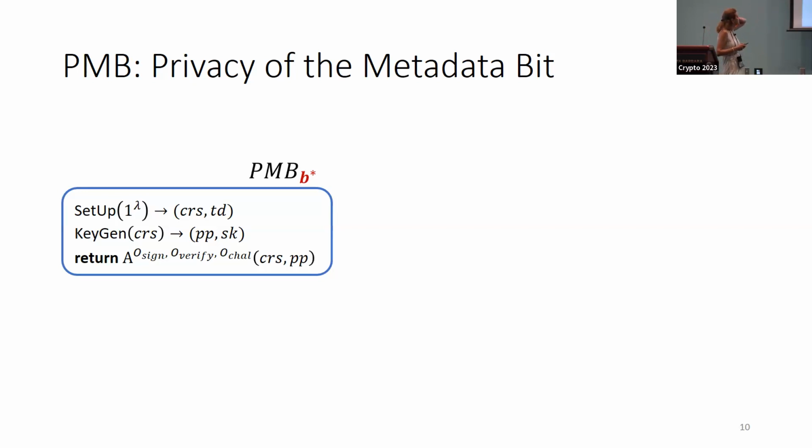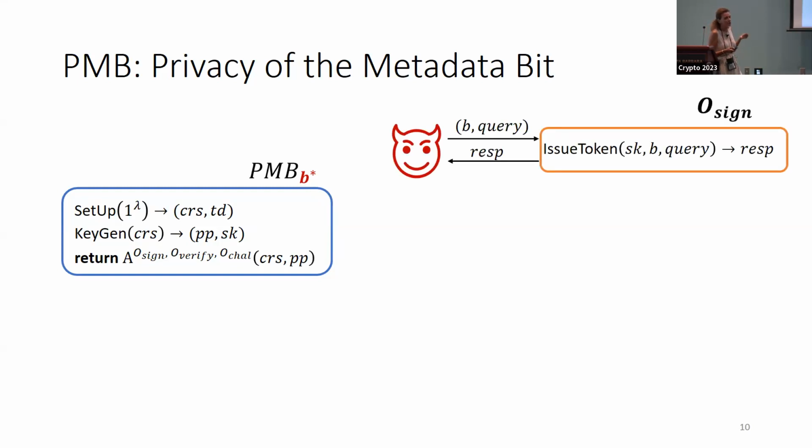The definition of PMB is as follows. In here, the adversary is the client, and we are trying to hide the challenge bit B star from the client. The adversary, the client, has access to three different oracles. The first oracle is the O-sign oracle, where the adversary actually has a big power. He can even choose the bit that the oracle needs to embed inside the token issuance part in the issue token algorithm, and it returns the response by using the bit and the query which is given by the adversary.